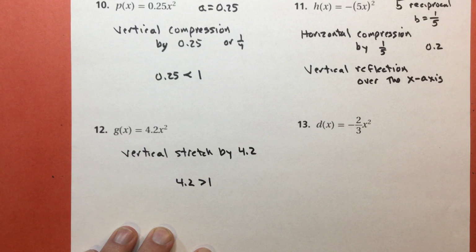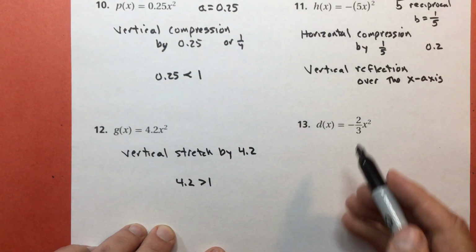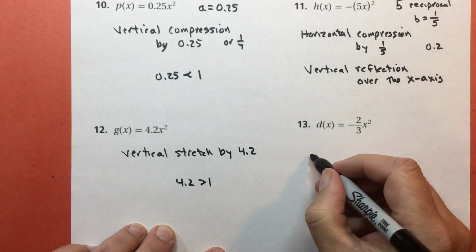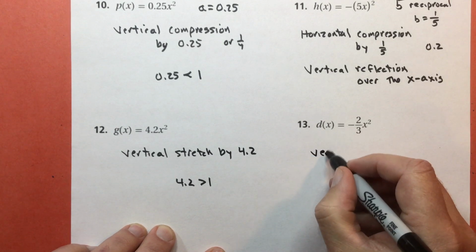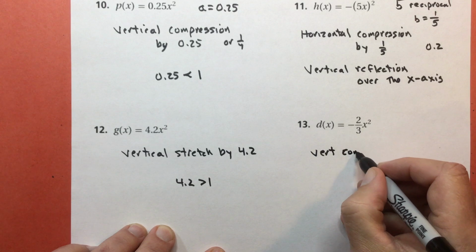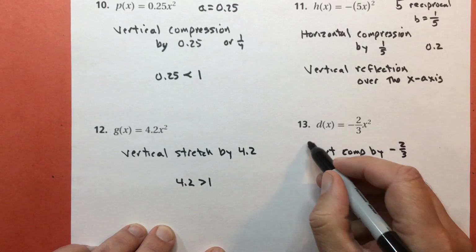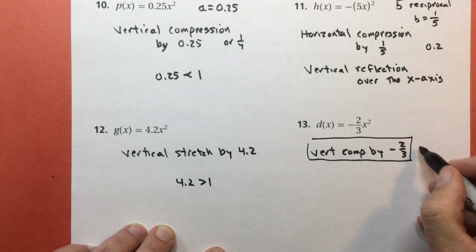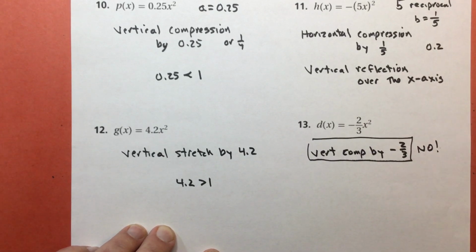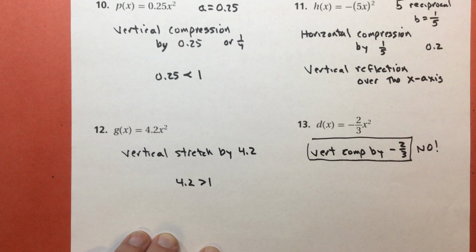Finally, for problem number 13, no parentheses, so everything's going to be vertical, but I have a negative number. If you say vertical compression by -2/3, that will be marked wrong. Please do not say vertical compressions or stretches, or even horizontal compression or stretches, by negative numbers.